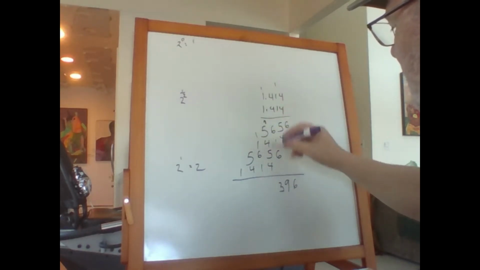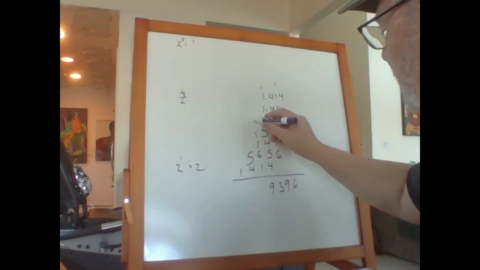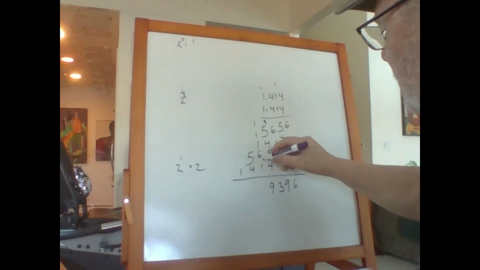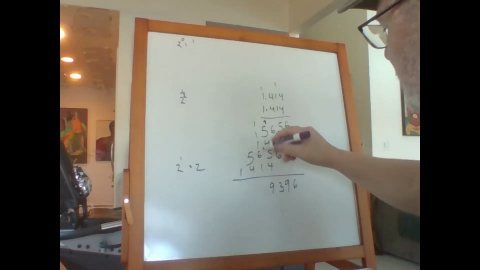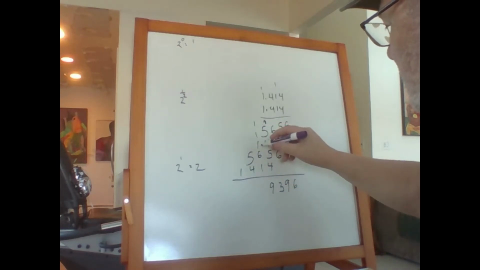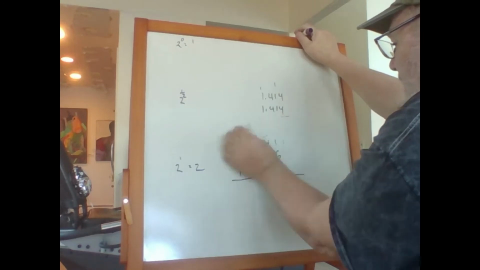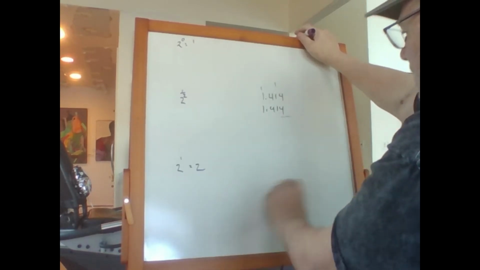That's a 1. 9, 18, 19. This is 9. What am I doing wrong here? I must have done this calculation wrong.